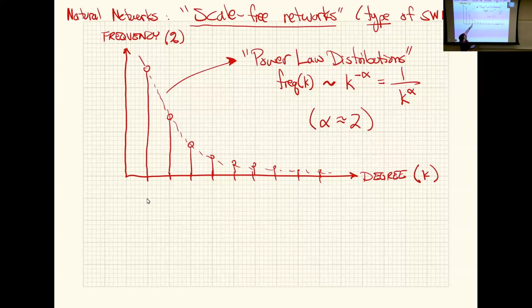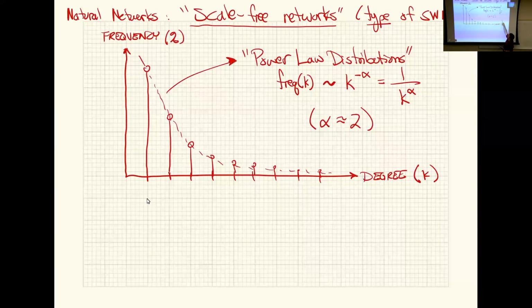So the degree 2 might be a proportion of around 50%. Degree 4 might be a proportion of 25%, but it might be a higher degree than that. So degree 2 might be at 25%, 4 might be at whatever 1 over 4 squared is. The idea here is that the frequency is going to decline in this way.